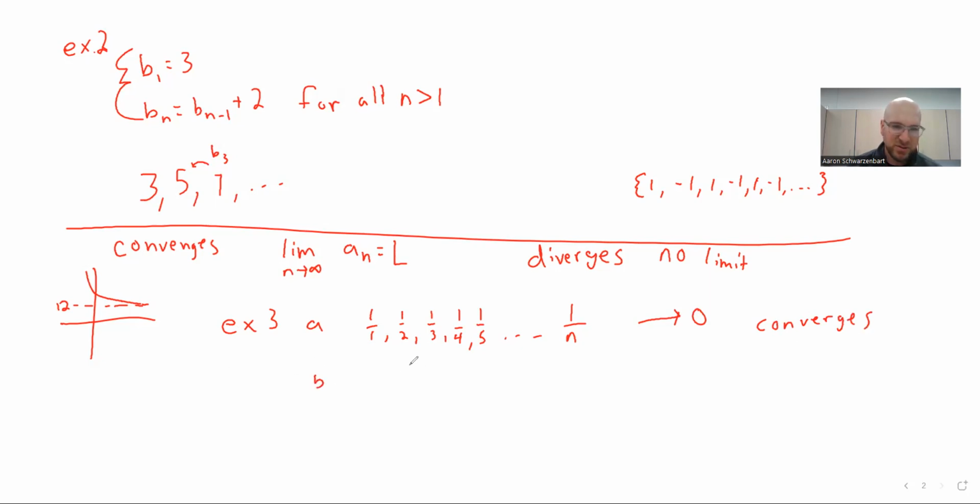Part B of this example: 1 doesn't mean a whole lot when we're talking about a million. 1,000,001 divided by 1,000,000 is very close to 1. So it also converges.